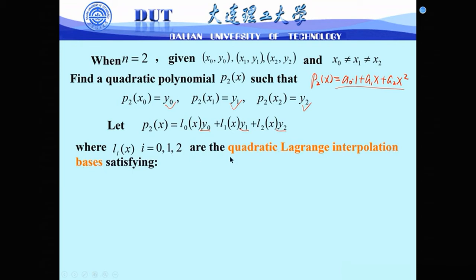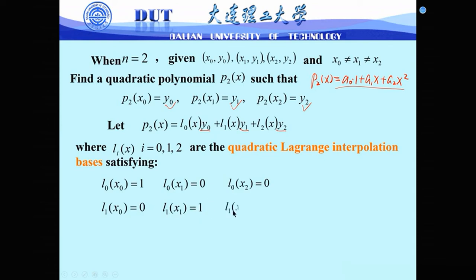Why do we call them the quadratic Lagrange interpolation basis? Because they satisfy the following properties. L0 at x0, the same subscript, the function value is 1. L0(x1), different subscript, 0. L0(x2), 0. L1(x0), different, 0. L1(x1), same subscript, 1.